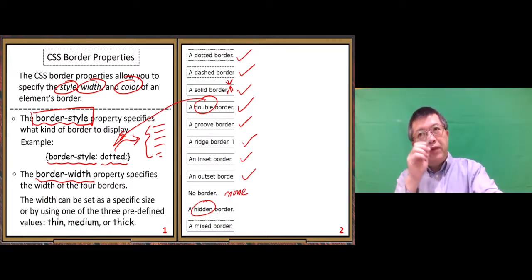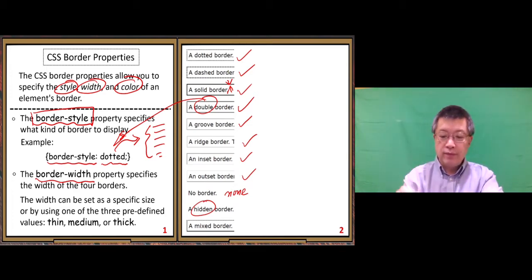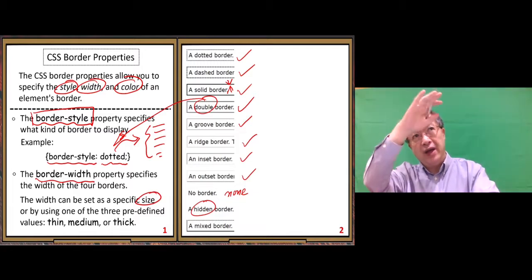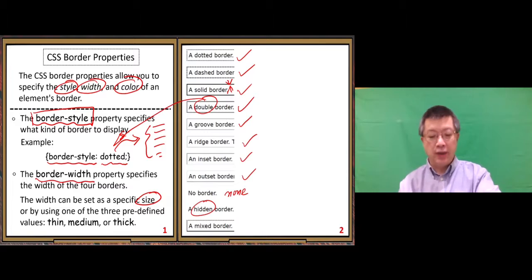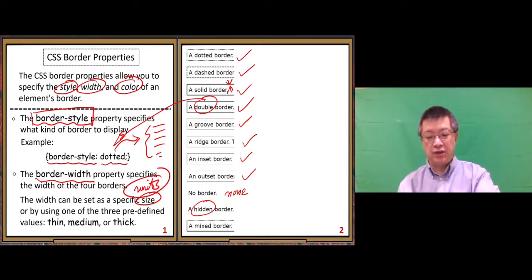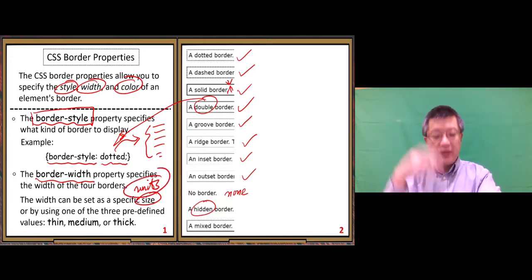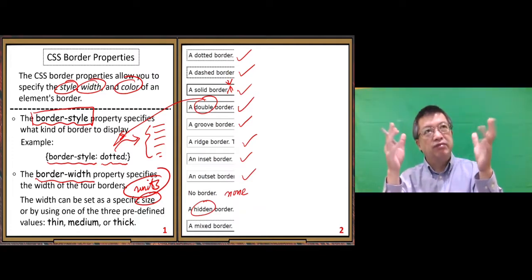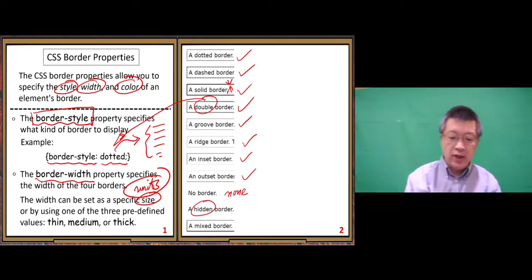So we can describe the width in two different ways. One way, the precise way, we specify the size using certain units. The other way, not the precise way, just some rough description, these three: thin, medium, thick.